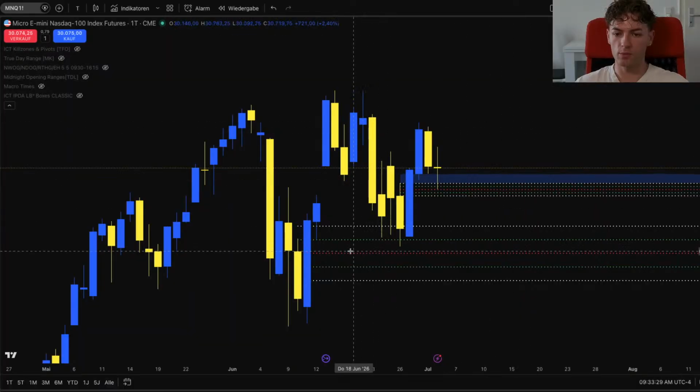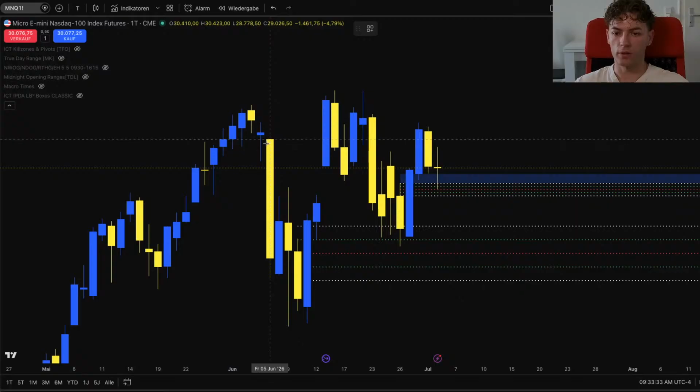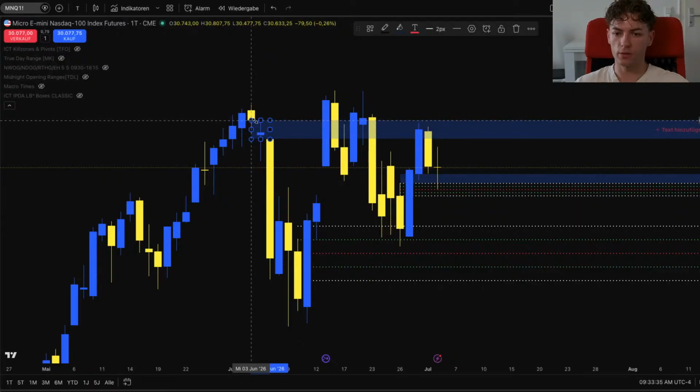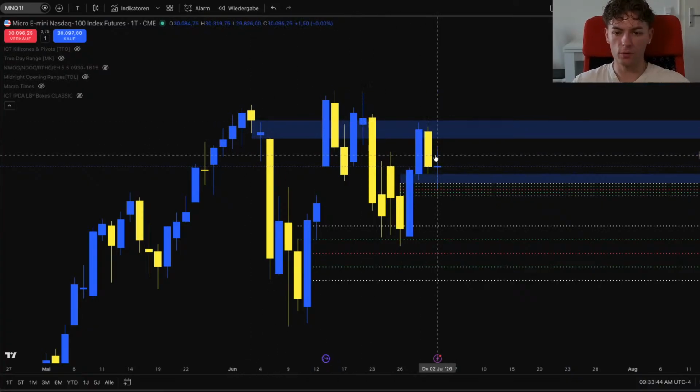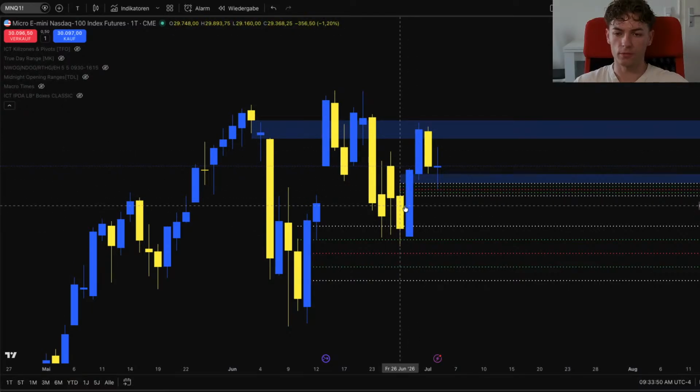Still the same premise, order block in here, order block in here, but look at this volume imbalance right here. If you extend it to the right, you can see price rejected off of this volume imbalance. So we are right in between this volume imbalance and this order block.